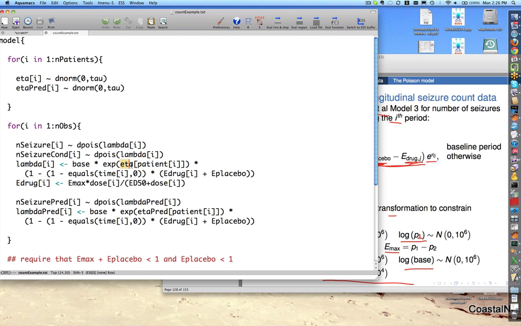And I use a nested index here to grab the appropriate eta value. That's our random effect, and that eta value is generated up in another loop where we loop over the individuals. You can see in our loop here that eta i is normal, 0, and some precision, which we'll define down in the priors.